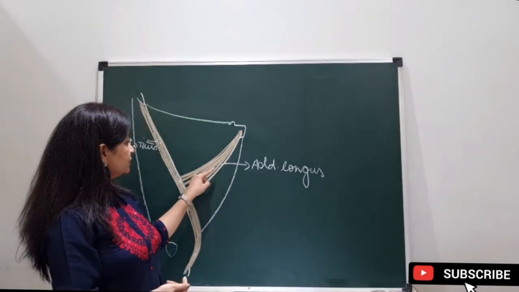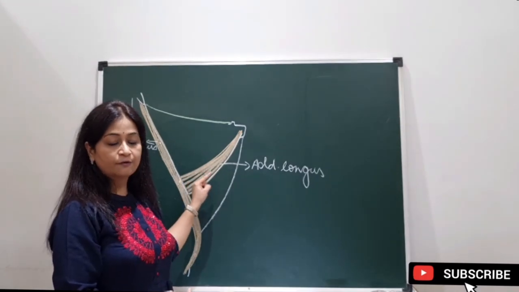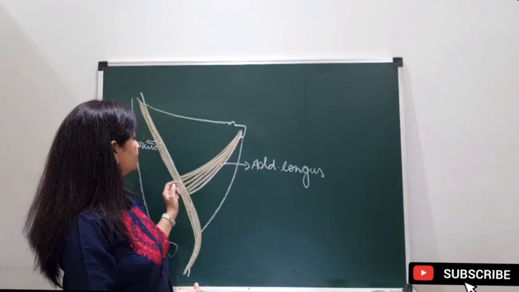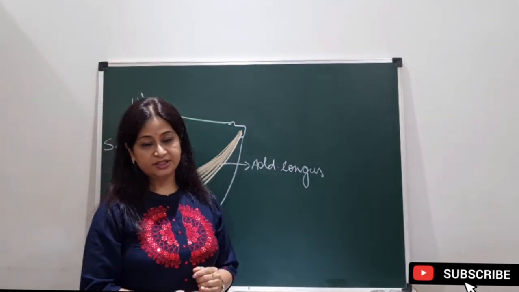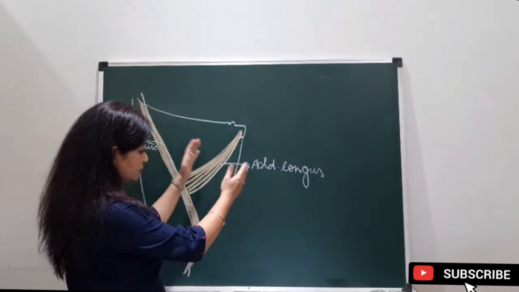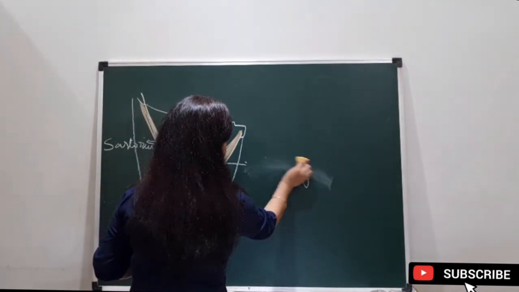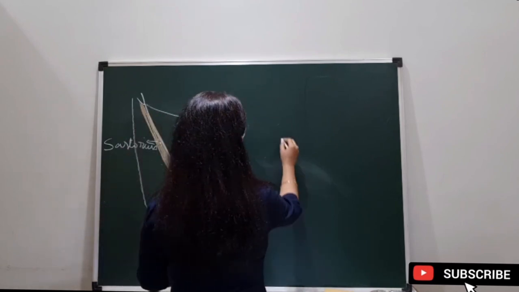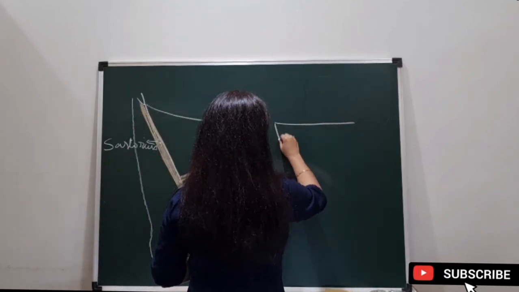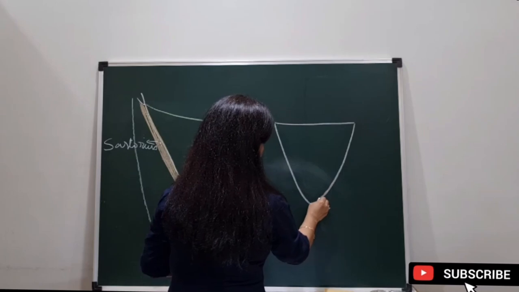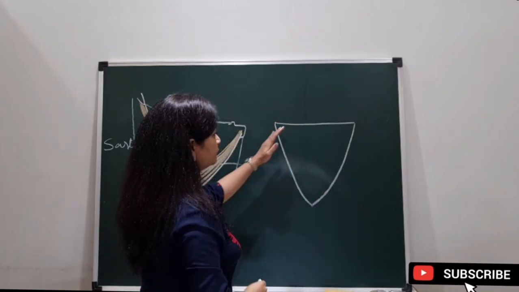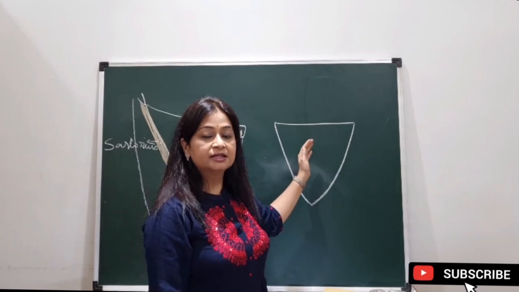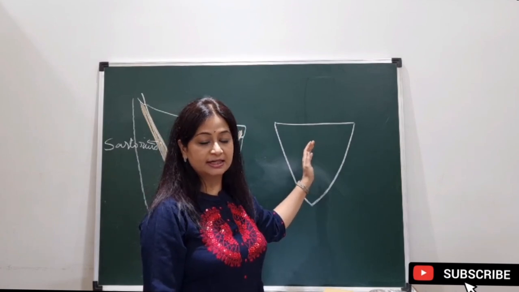That is why the muscle adductor longus forms a part of the floor of this triangle, which we will discuss just now. Now coming to the roof of this triangle, if I just draw this area over here, the roof will be formed firstly by the skin, then the superficial fascia and its contents.